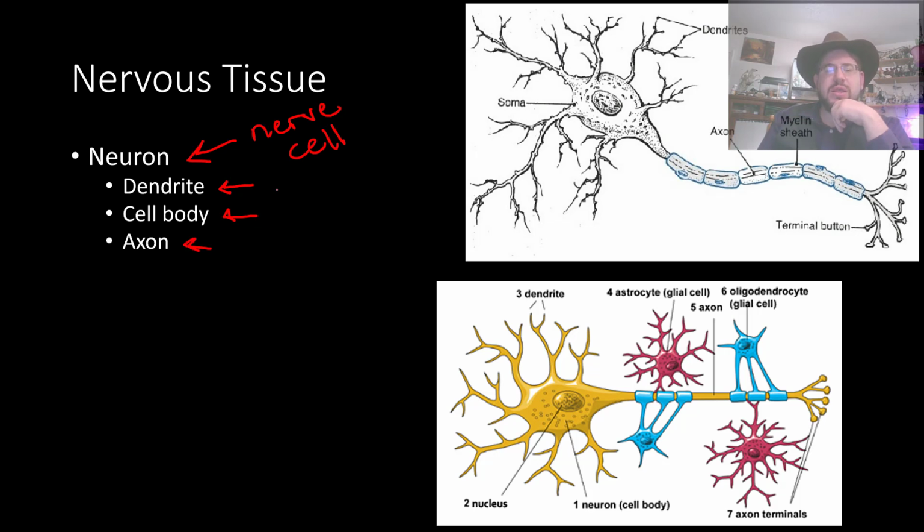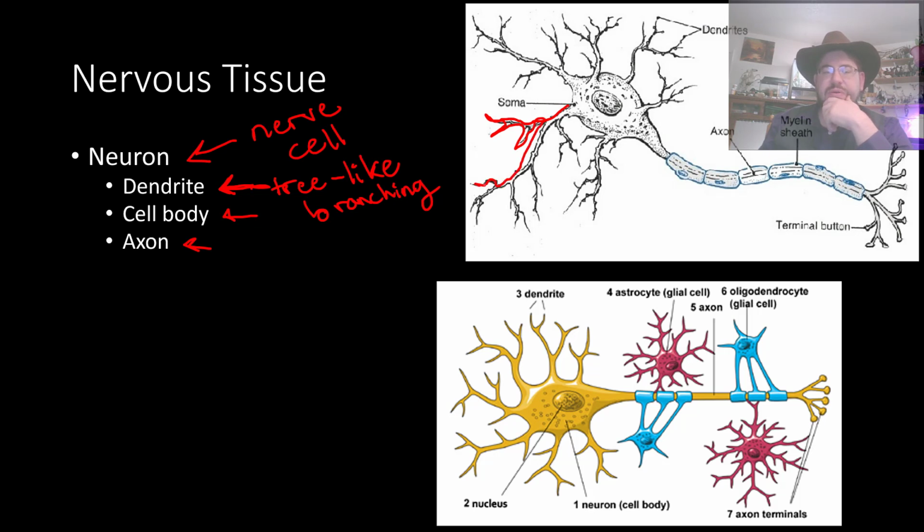The dendrite is this tree-like branching portion of the cell. And you can see there's lots and lots of branches. So the dendrites are very complex branching structures.